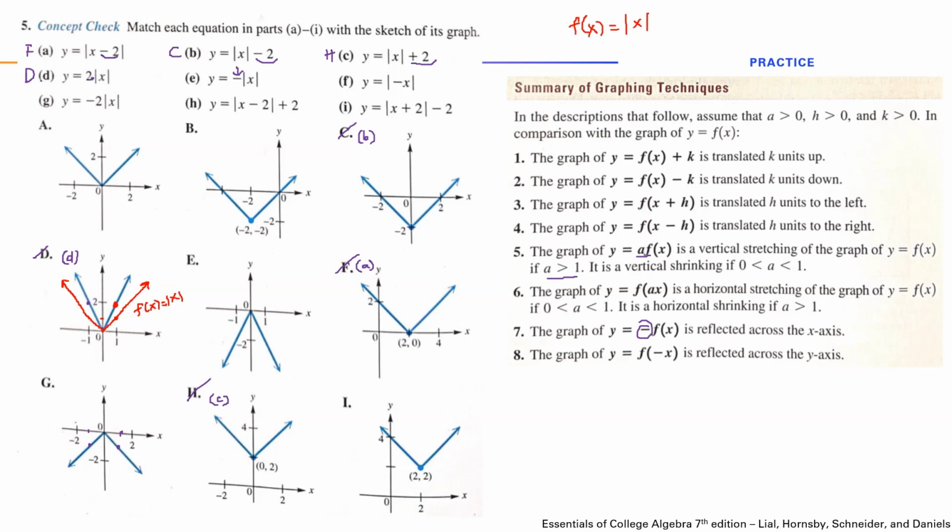For E, that's 1 going to negative 2. So this one is vertical stretching and flipped for E. So that should be G for E.